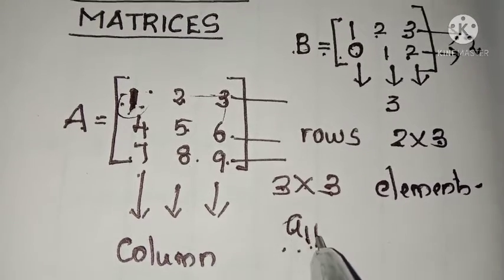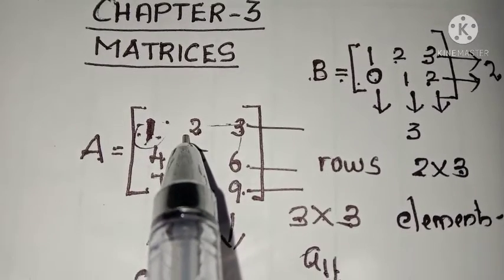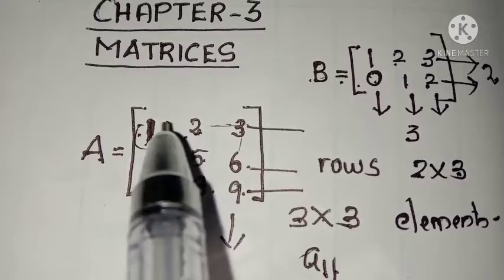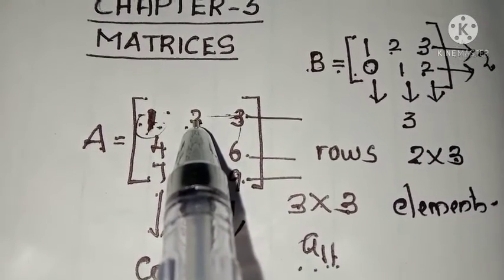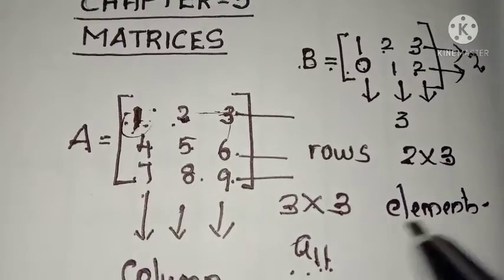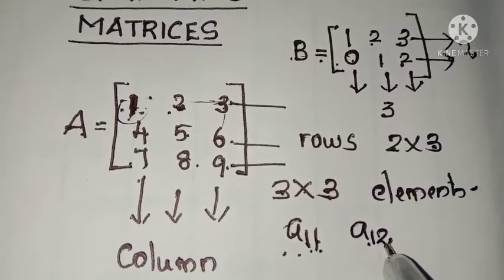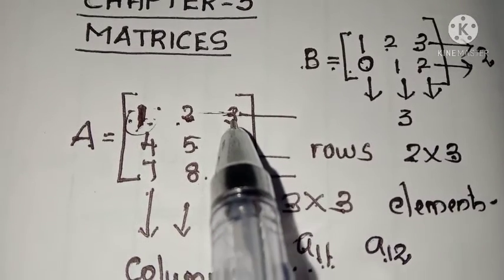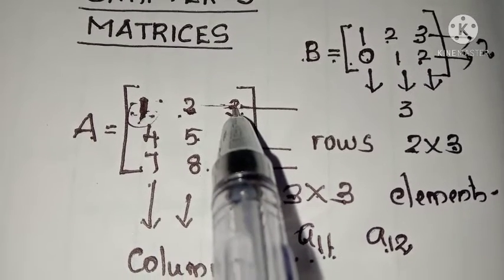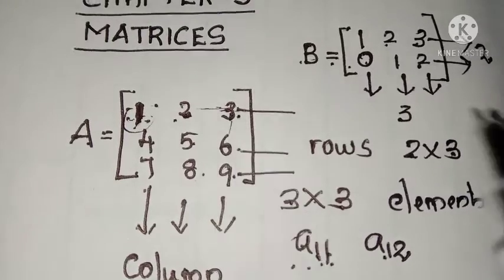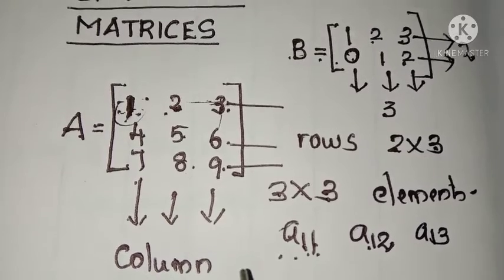Now the element 2 occupies the first row, second column. So this is A12. What about element 3? Element 3 is the first row, third column element. That is A13.